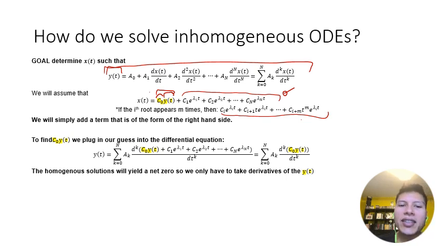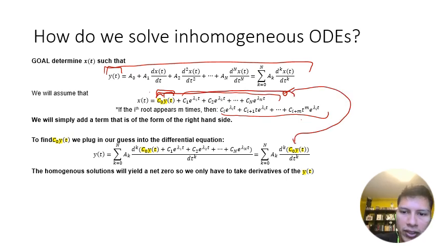So what we're actually going to do is take our solution and plug it into our differential equation, and use that to find what our coefficient is. Now, when we plug this full solution into the differential equation, you have to remember that these terms here all satisfy the homogeneous solution.